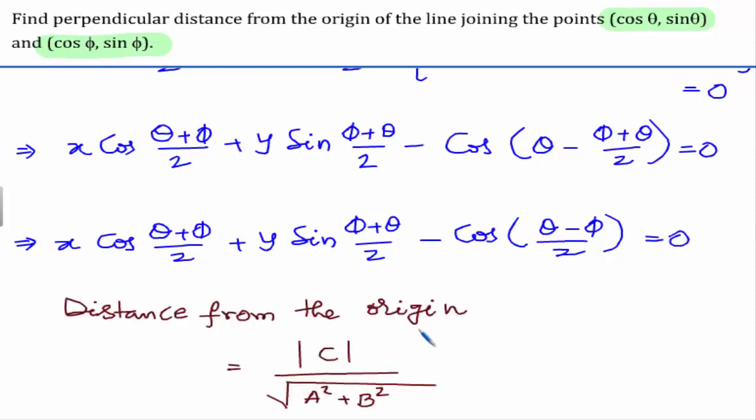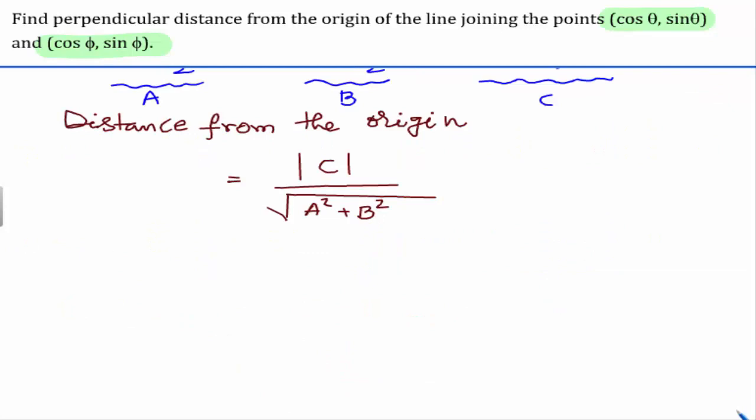So our distance from the origin is modulus c by square root of a square plus b square. So a is here this and b is this. Now let us substitute those values.